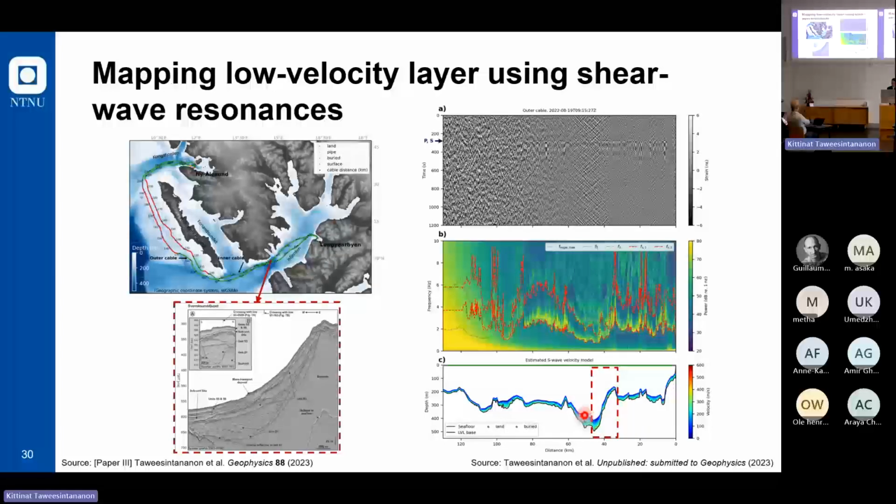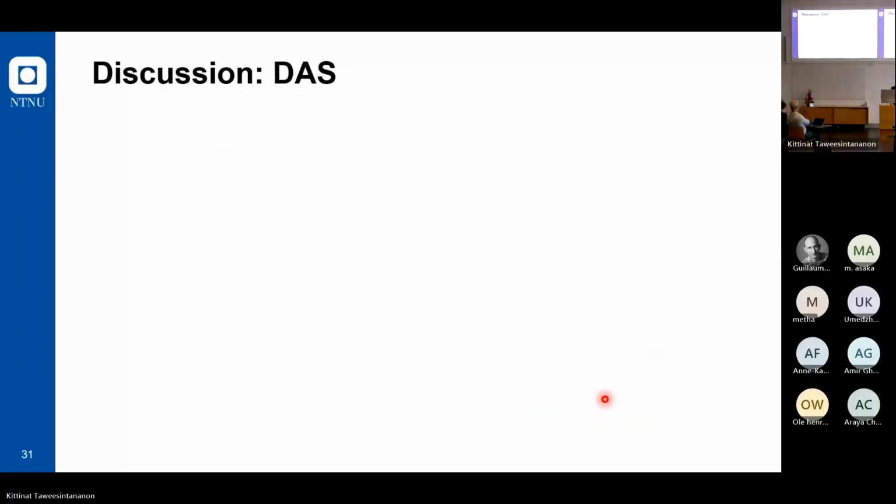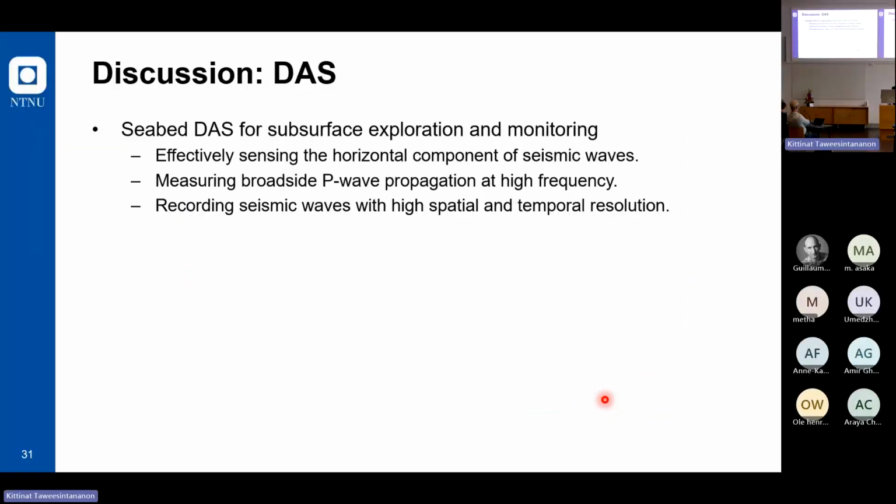This paper is not included in the thesis, but is already submitted to Geophysics. That shows you the opportunity of using seabed data for subsurface exploration and monitoring using different kinds of seismic sources.